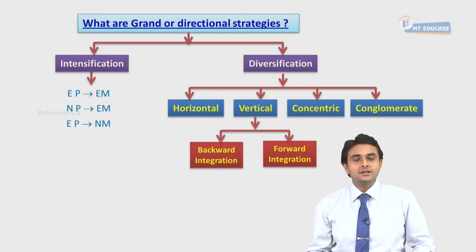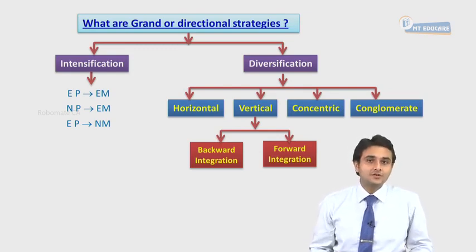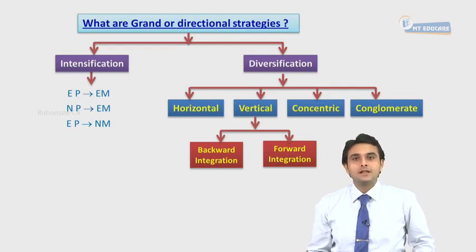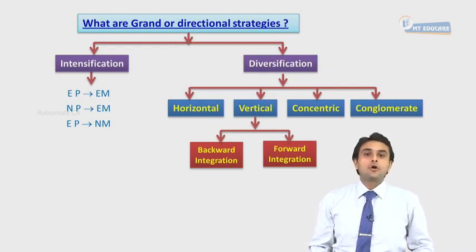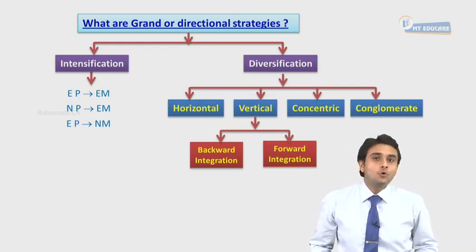Intensification covers three aspects of the Igor Ansoff matrix, that is existing products sold in existing markets, which is market penetration; new products sold in existing markets, which is product development; and existing products sold in a new market, which is market development.